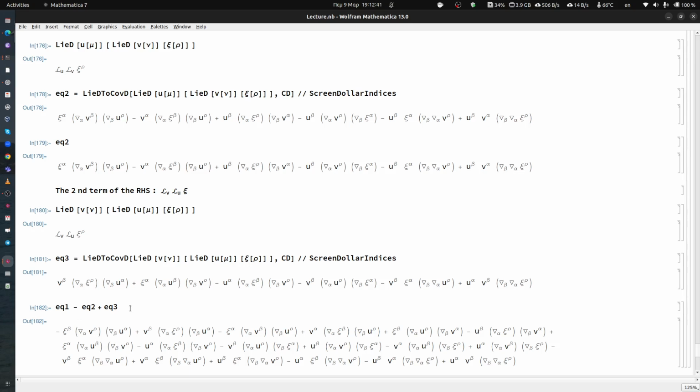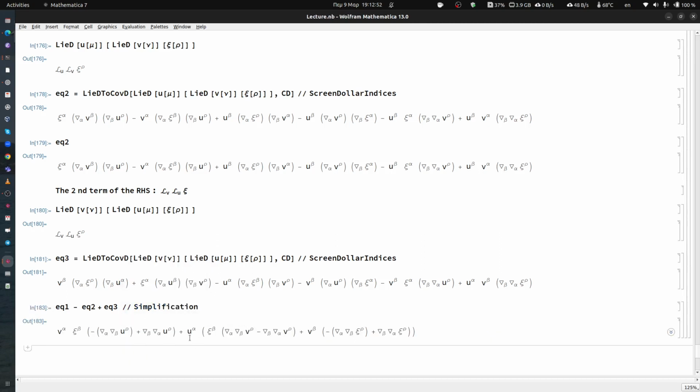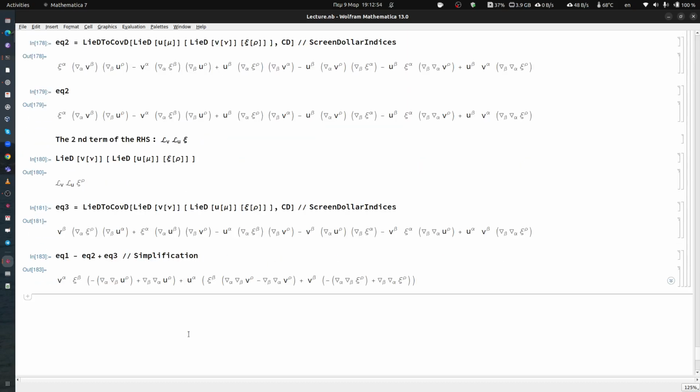So the first thing that we will try is to apply simplification. And we see that this expression has been simplified considerably. Now we start seeing why this is equal to 0. We see that in those brackets here we have the covariant derivatives but in the opposite order.